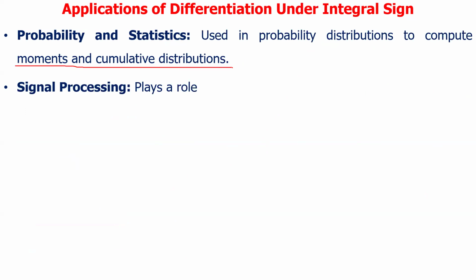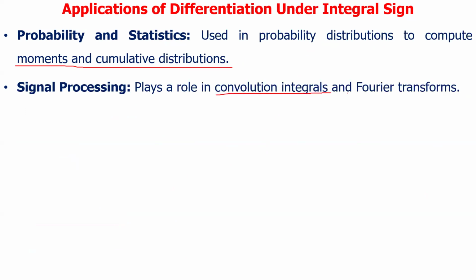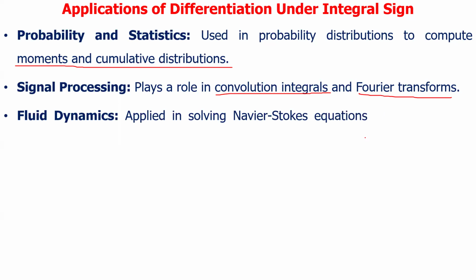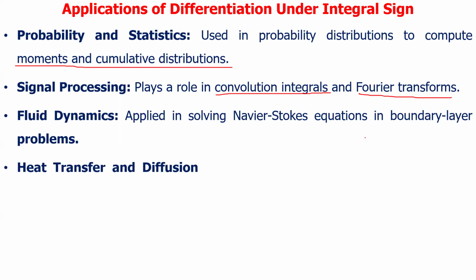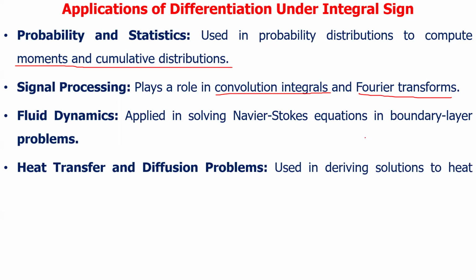Signal processing: it plays a role in convolution integrals and Fourier transforms. Fluid dynamics: applied in solving the Navier-Stokes equation in boundary layer problems. Heat transfer and diffusion problems: it is used in deriving solutions to the heat equation and diffusion equation.